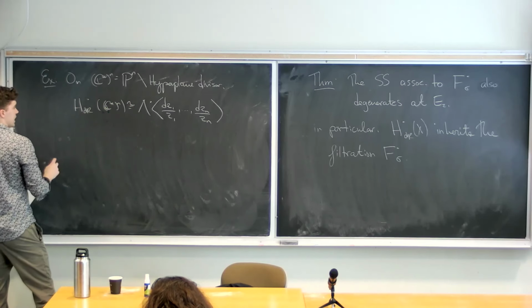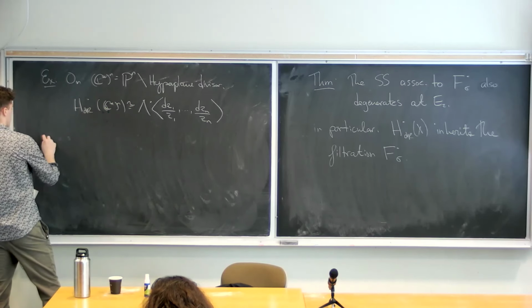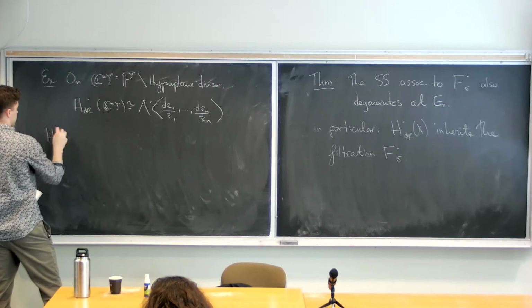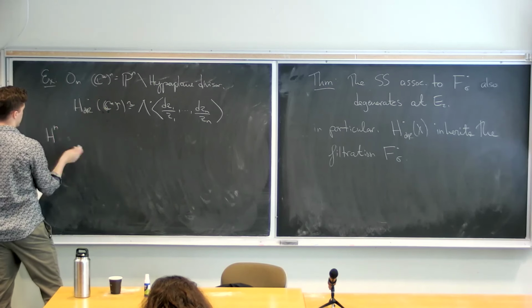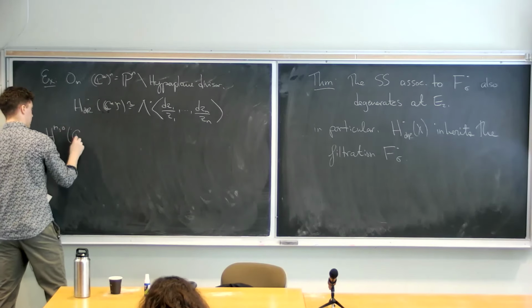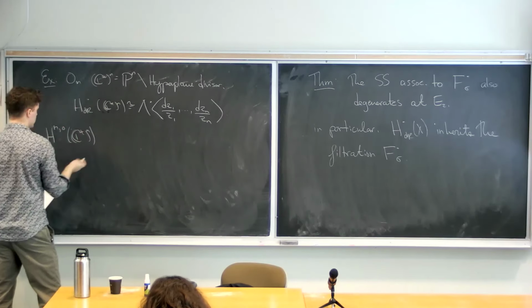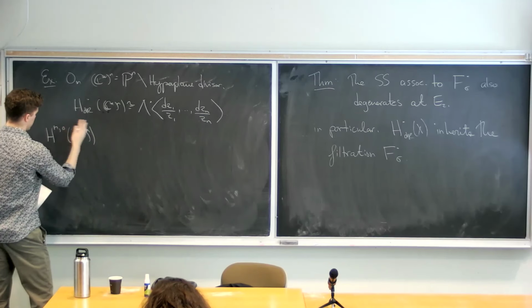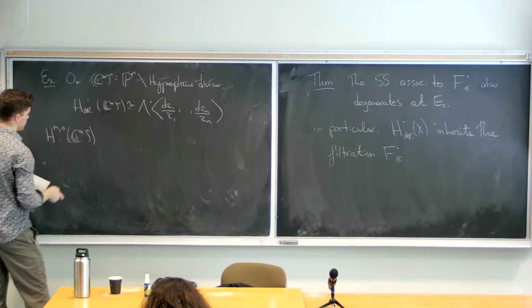Now in this case, the top degree forms, H^n I guess, the thing in the far left of the Hodge diamond, would be one of the parts of the original vertical Hodge filtration.